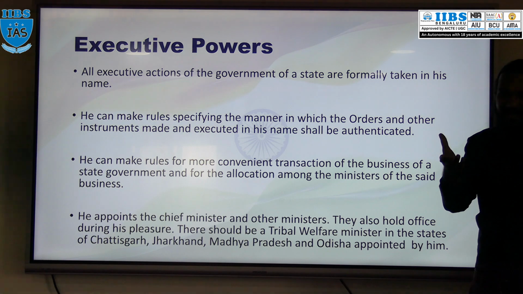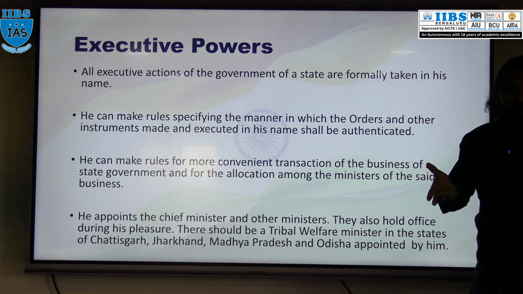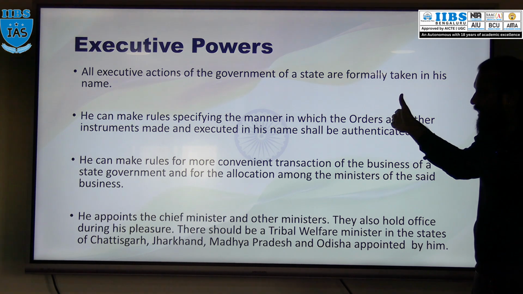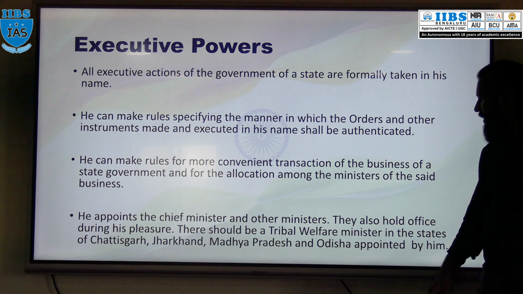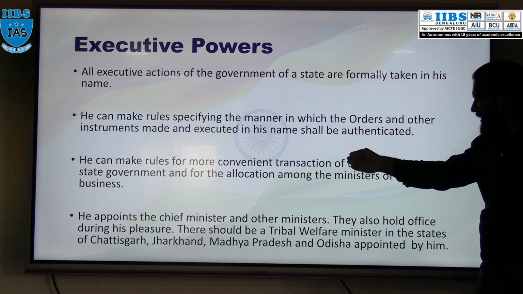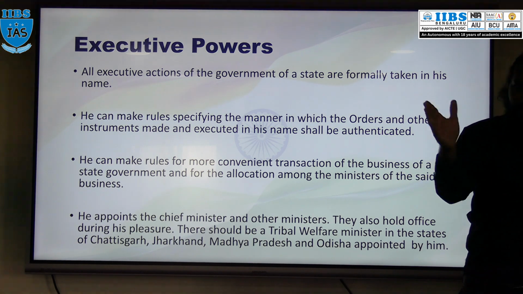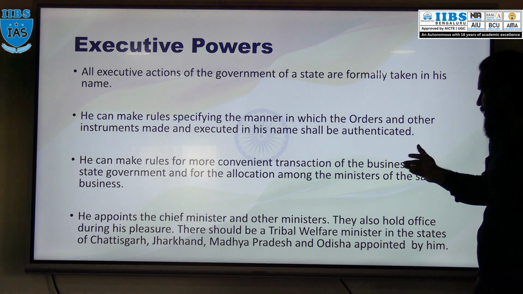At a state, GOs are there, rules and regulations, how to make a GO, how to execute those GOs; those rules and regulations will be framed by the governor only. He can also frame the rules for convenient transaction of business of the state government and allocation of the business to the ministers.